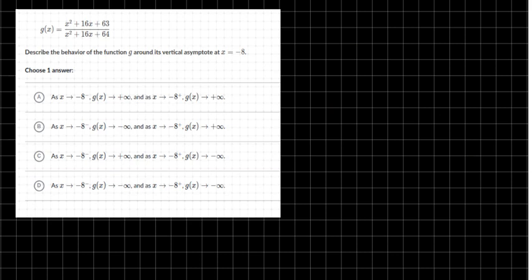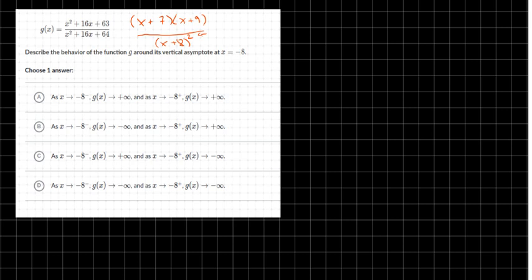Okay, I'm going to factor here. Here I've got x plus 7 times x plus 9 divided by x plus 8 squared. We have to be very careful here because we've got a multiplicity of 2 that's going to change things a lot. So I'm going to have to be really careful and not forget that part.